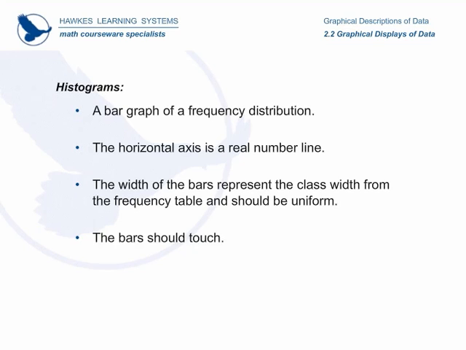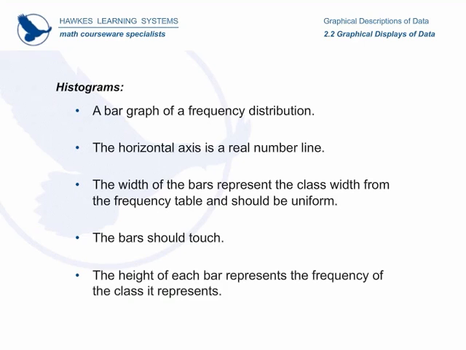Note that in a histogram the bars should touch, whereas in a bar graph the bars are separated, they do not touch. The height of each bar represents the frequency of the class it represents.